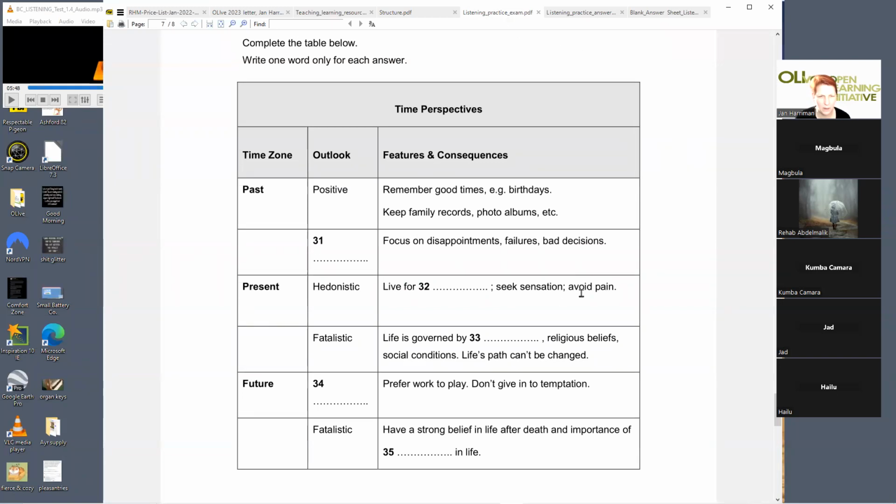Let's see. How about 34? What was that one? Active. Yes. So it was similar. It was definitely a positive thing, but it was slightly different from the other ones as we anticipated. And number 35. Success, I think.